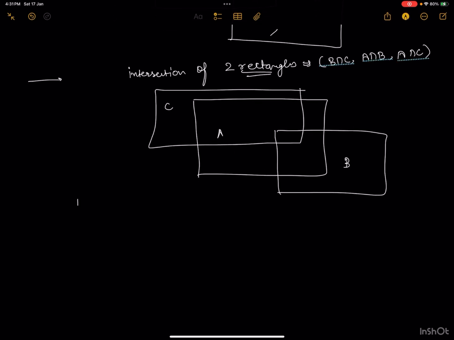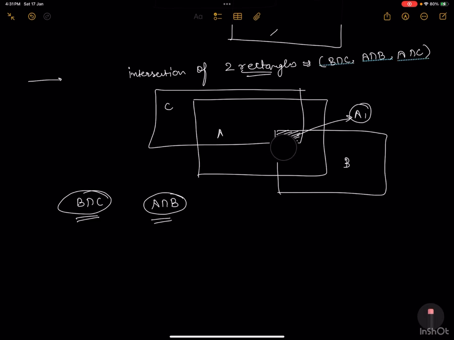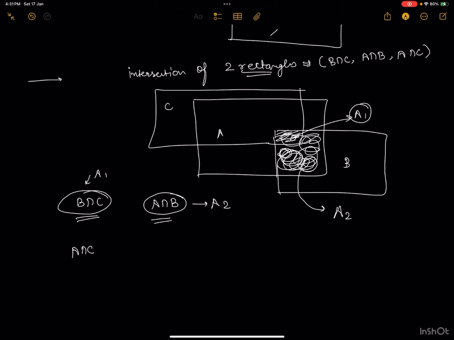In that scenario, we have this area which is the same as A1. Okay, now let's consider A intersection B. In that scenario, we have this entire area. Let's call this area A2. Okay. And now let's consider A intersection C. In that scenario, we find the area is this much, and let's call it A3.